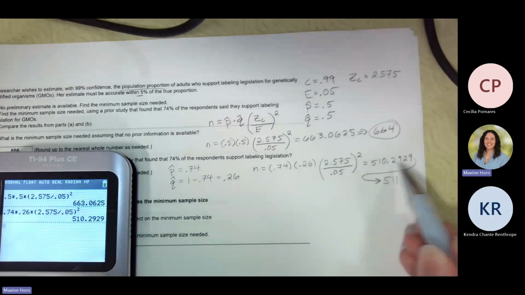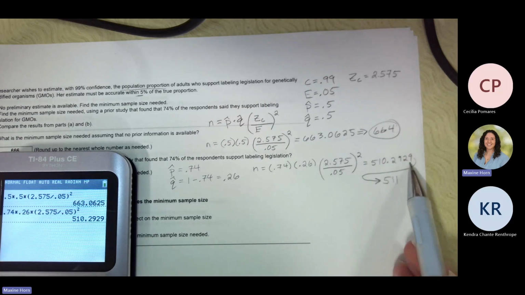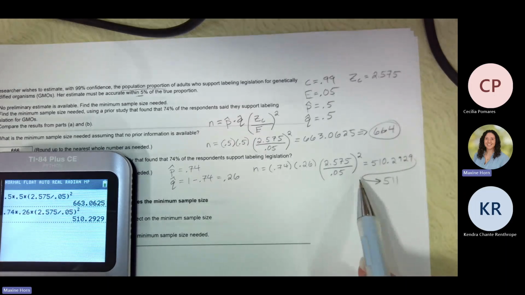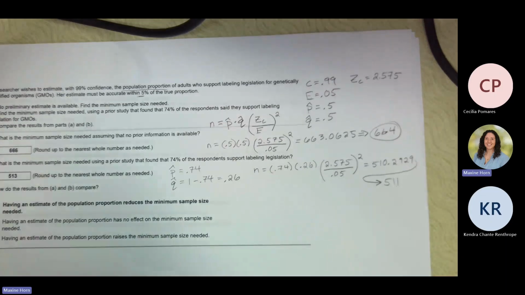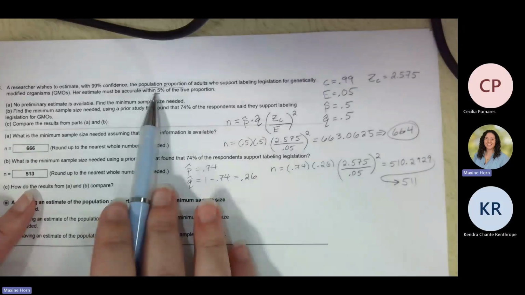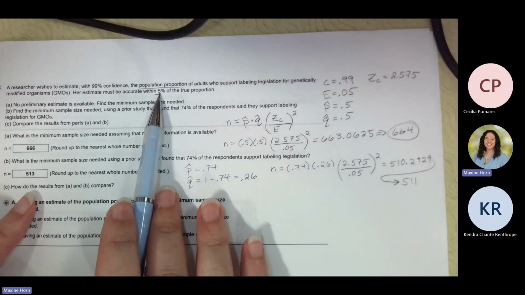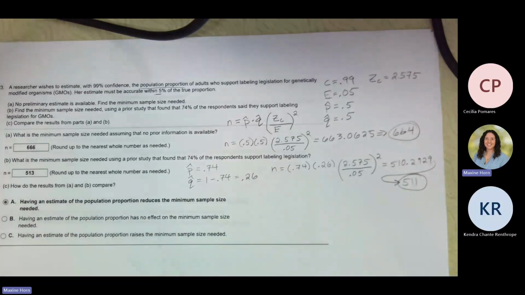Even if this was 0.0001, we'd still have to go up to the next whole number because this is the bare minimum that we need. And if we go down to 510, we're not meeting the threshold. We have to go up to 511 because we're talking about the number of people. So again, if your homework has this particular combination of numbers that it's asking you about, this is going to show up incorrectly. It should be 511.